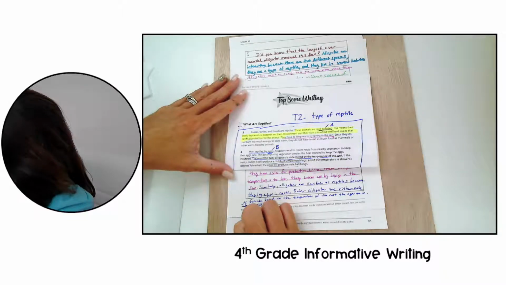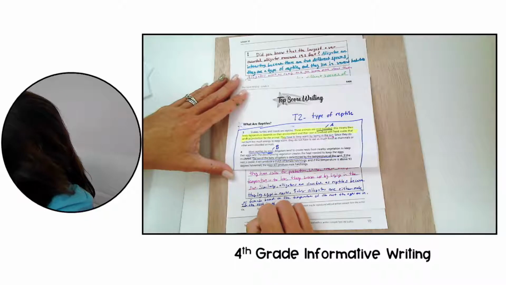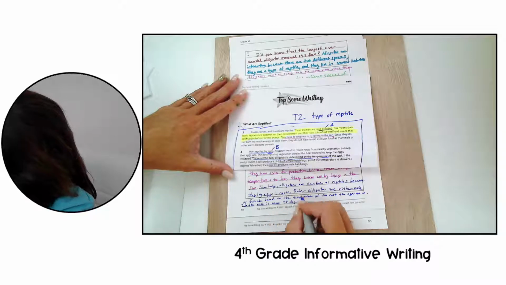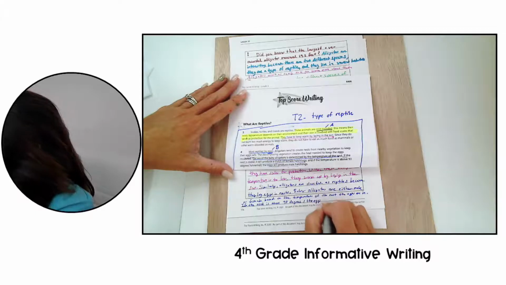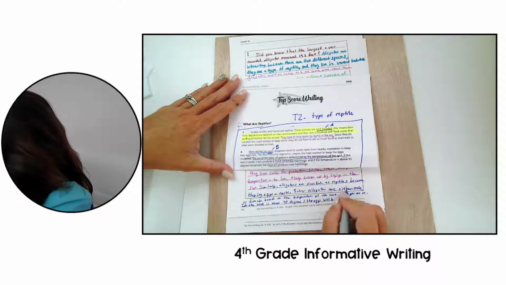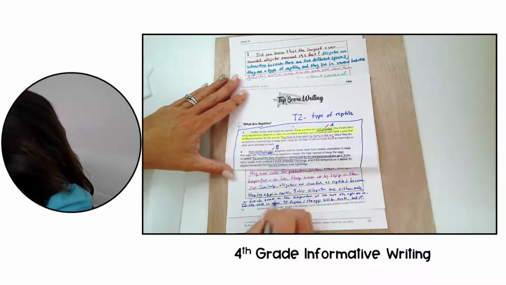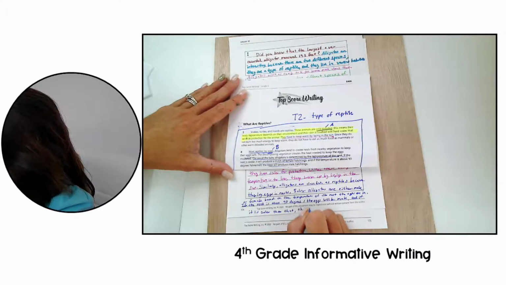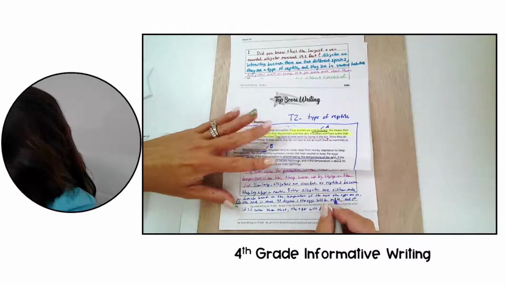If the nest is above 93 degrees, the eggs will be male, and if it is cooler than that, the eggs will be female.